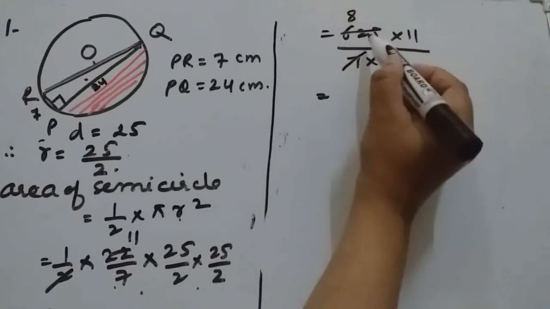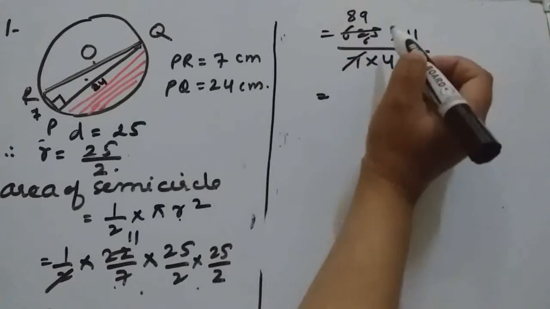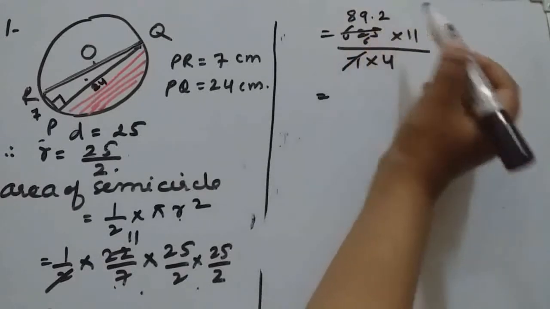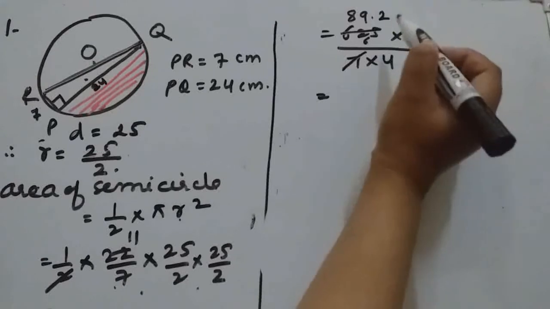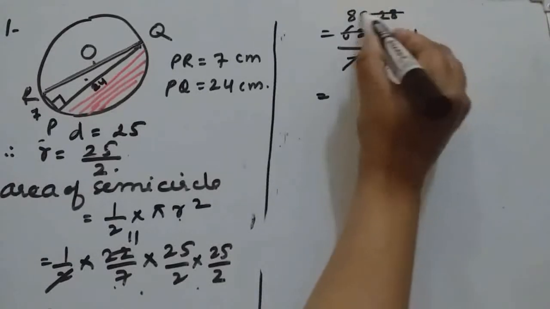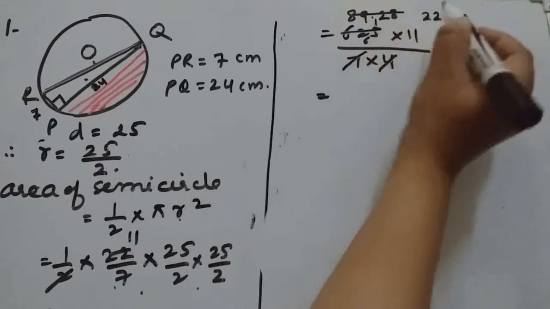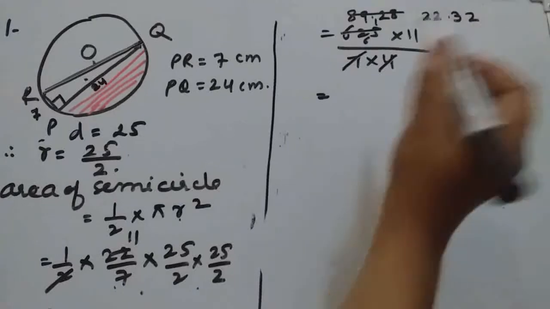So 4 and 6 will remain. 7 9s are 63, 2 will remain. So 7 2s are 14, 6 will remain. Now from 4 I can cancel this again. 4 2s are 8, 4 3s are 12, and 4 2s are 8.